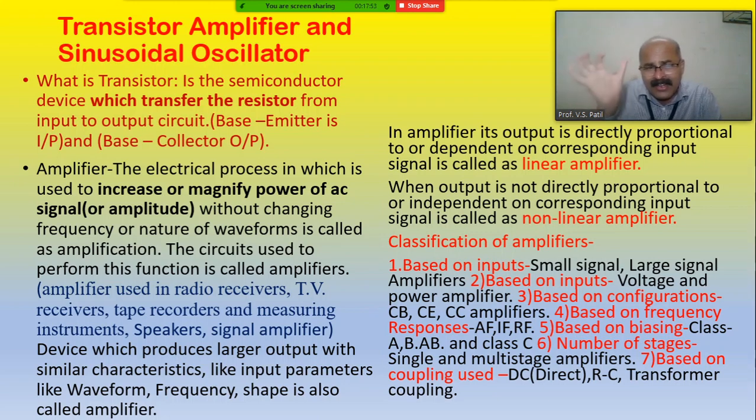Okay, we know that a diode is the p-n junction, where p-type semiconductor material is placed in the vicinity of n-type semiconductor material. Due to diffusion, in p-type semiconductor there is a majority charge carrier, holes, and in n-type semiconductor the majority charge carriers are electrons. In the vicinity of the junction, due to diffusion, the holes are transferred toward the electrons, and electrons from the n-type material are transferred toward the p-type, and they will be neutralized.